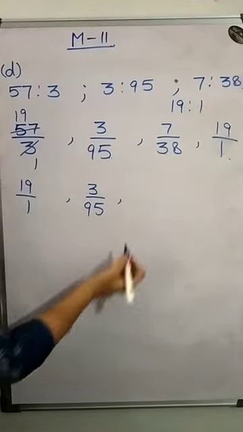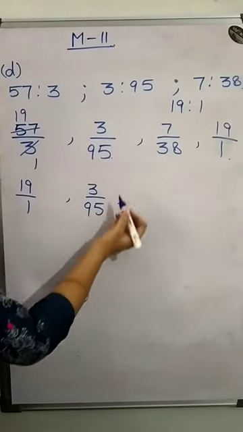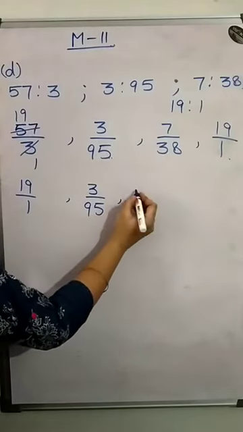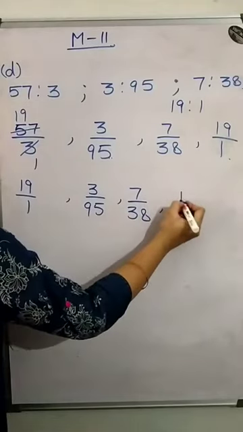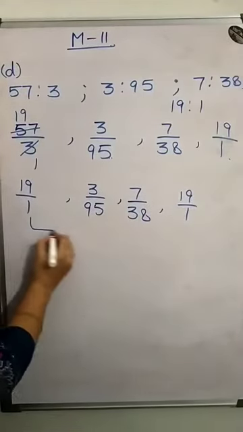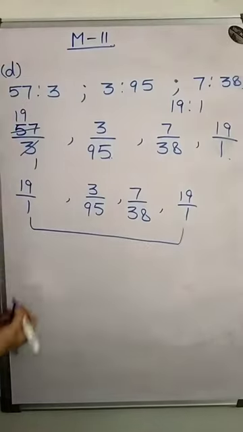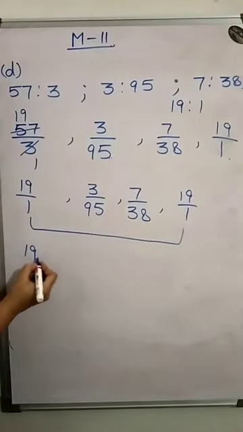7 upon 38, 38 is not in the table of 7, so we can write 7 upon 38 and 19 upon 1. Here 19 upon 1 and 19 upon 1, these two are the same, so we can say the first one and the last one are equivalent fractions.